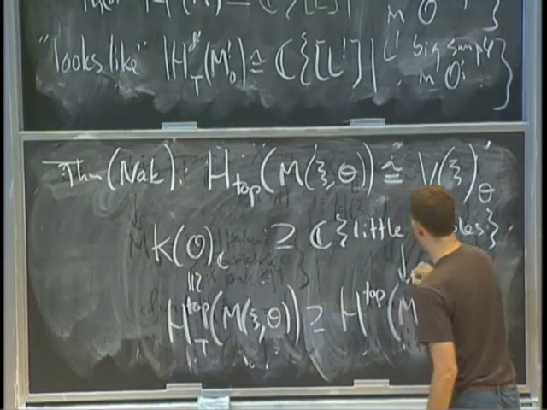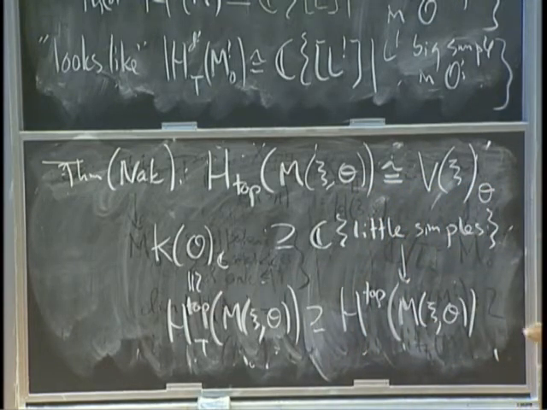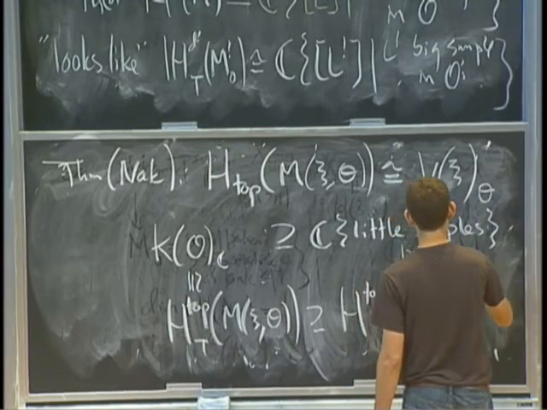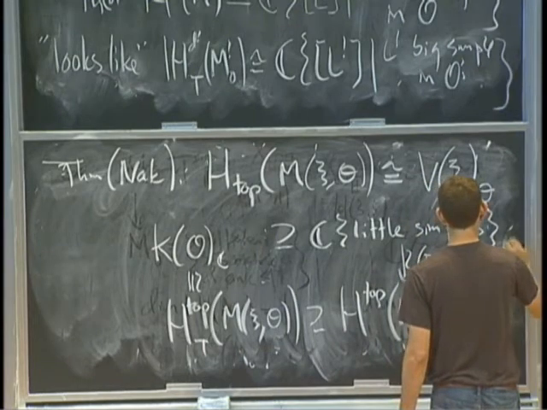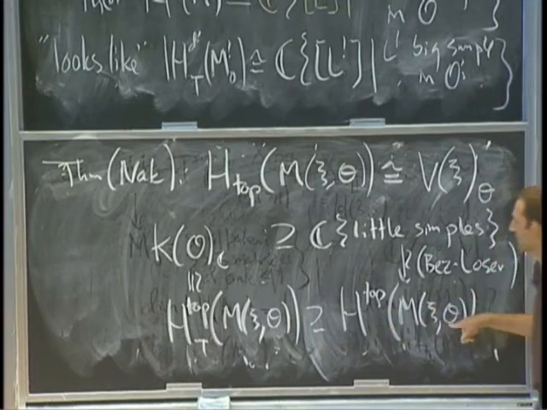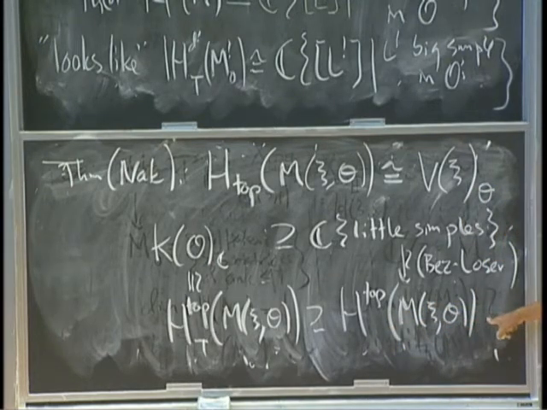And here I said I have an injection, but this is actually an isomorphism. So this is due to Bezrukavnikov and Losev, that it really is an isomorphism in this case. So my top homology group is now not isomorphic to, but dual to the relevant weight space of the representation.